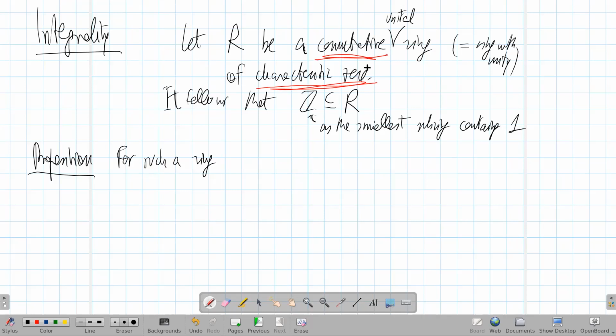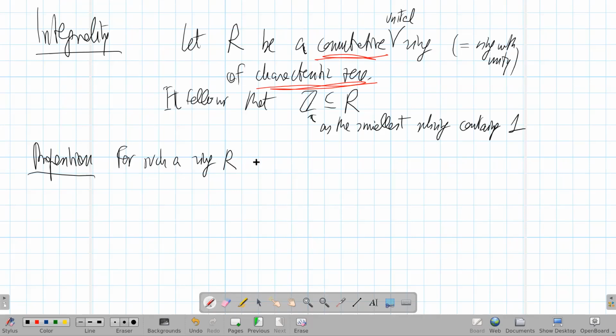Because the center of the group algebra is commutative, because it's the center, so the elements of the center commute with everything, and in particular among themselves, and of characteristic 0, because it's an algebra over the complex numbers, so characteristic 0.